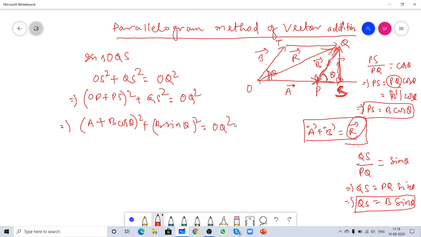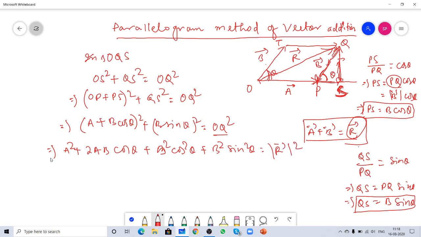This is OQ square, right? Now (A plus B cos theta) whole square, all of you know, this is A square plus 2AB cos theta plus B square cos square theta, plus B square sine square theta is equal to OQ square, R magnitude square. Now one important thing we'll do here, B square cos square theta and B square sine square theta, I'll take B square common.